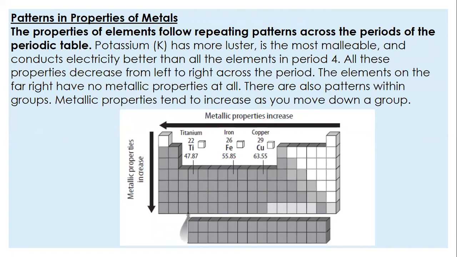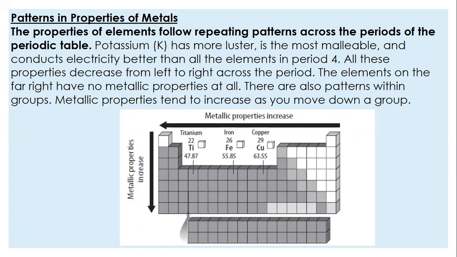If we look at the periodic table, we'll find that some patterns keep on repeating. For example, potassium is found in group 1, the alkali metals. It has more luster, is more malleable, and conducts electricity better than all of the elements in the same period.